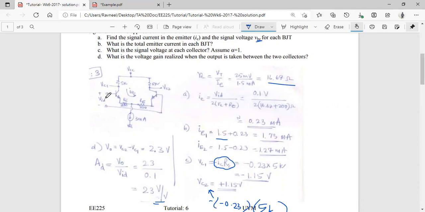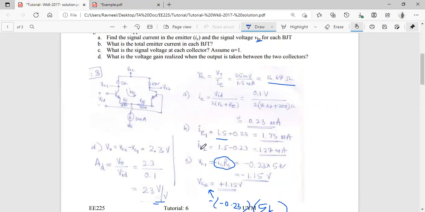Plus, the input to this particular BJT over here is positive, isn't it? So this small IE will be positive, so that is plus 0.23. We have the bias current, which for this transistor is half of the biasing current, that is 1.5 milliamps, plus this small IE, 0.23 milliamps.